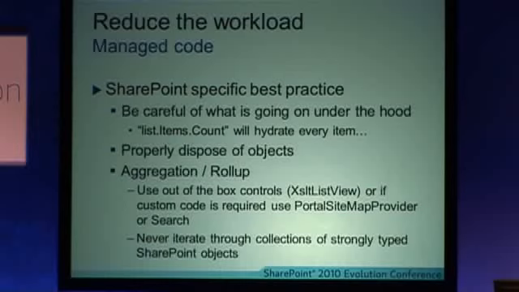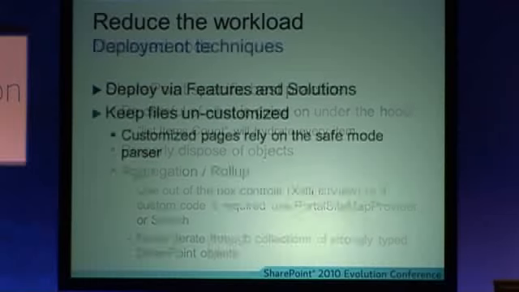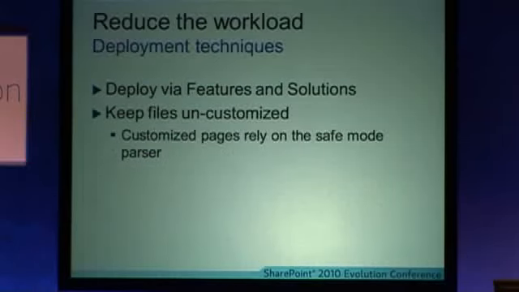And never ever iterate through list item collections and things like that, because that's just going to be slow. Every time you hit that new item in a list in a foreach loop, that's going to bring all that data for that item back into memory. It'll be cached on the whole, but even so, it'll slow down your application.